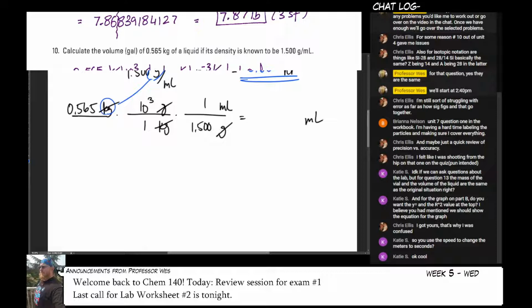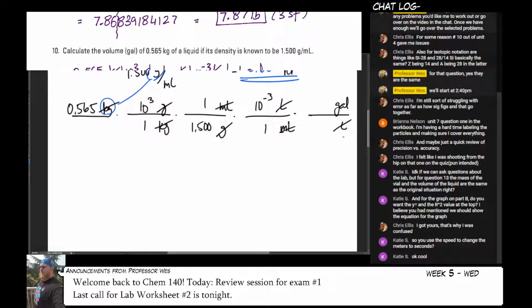But the problem doesn't want milliliters, it wants gallons. So let's just turn milliliters into gallons, right? And then that'll be the answer. So this is the most efficient way I know to do that. I know how many milliliters are in a liter, right? 10 to the minus 3. And I know how many liters are in a gallon because I can go look that up on Google.